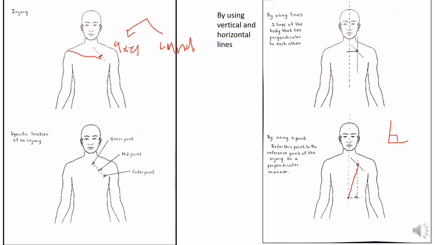Imagine this length is 11 centimeters and this one is 5. So now I describe: the center of the injury is situated 11 centimeters above the umbilicus and also 5 centimeters left to the umbilicus. So now I have described the reference point and the chosen landmark in a perpendicular way.